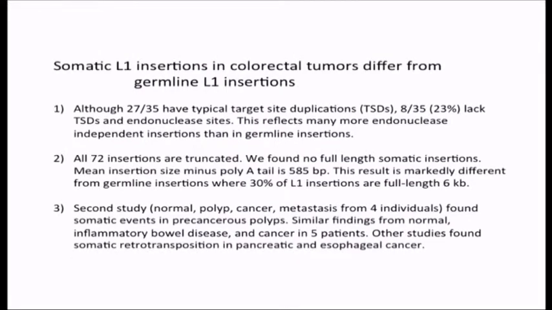It's interesting, the somatic insertions in the colorectal tumors did differ somewhat from germline insertions, and we don't know the reason why this difference exists. Now, 27 of the 35 insertions that we could characterize had typical target site duplications, but a quarter of them lacked target site duplications and endonuclease cleavage sites, and this means that these were insertions that were endonuclease independent, meaning that they were probably filling in double-strand breaks in the DNA.